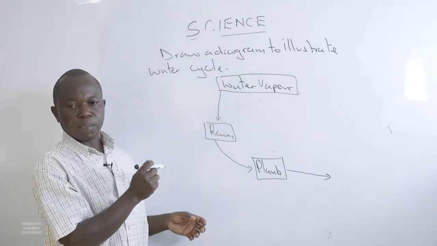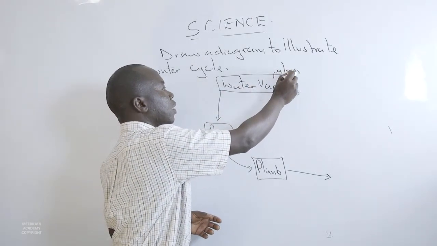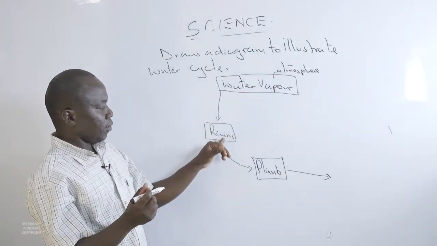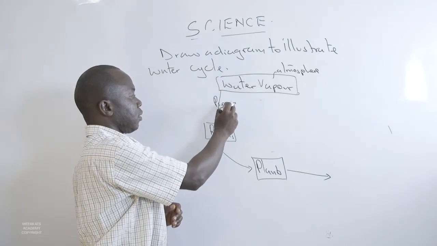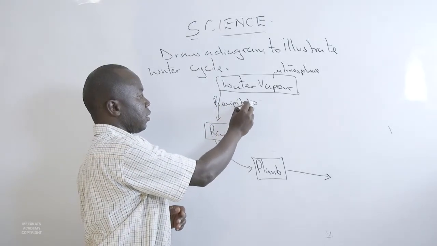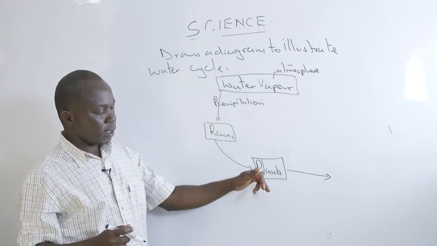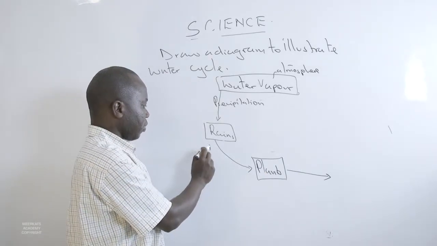So we can also mention the processes. This is in the atmosphere. Water vapor forming rains is called precipitation. The process here is precipitation. Then rains, to form parts of the plants, is through absorption.